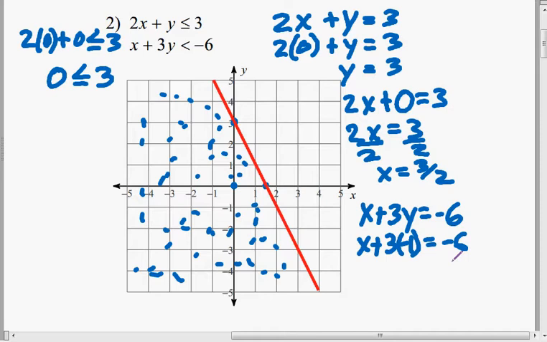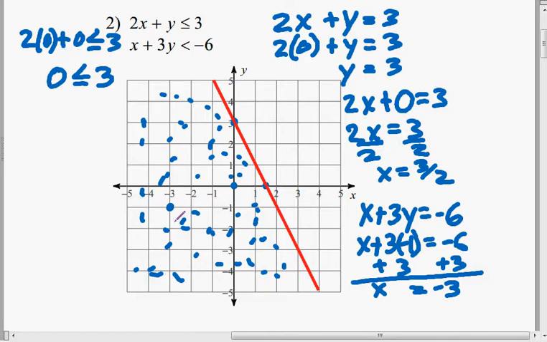That means I have to add 3 to both sides to get x. So if y is negative 1, and that is going to be on this line, y is negative 1, x is negative 3.